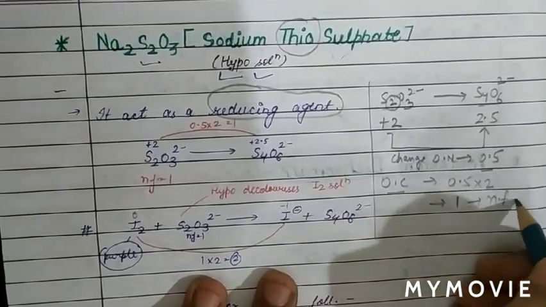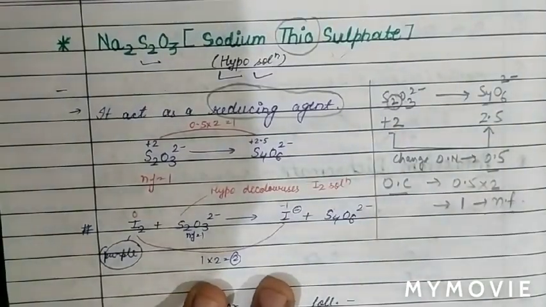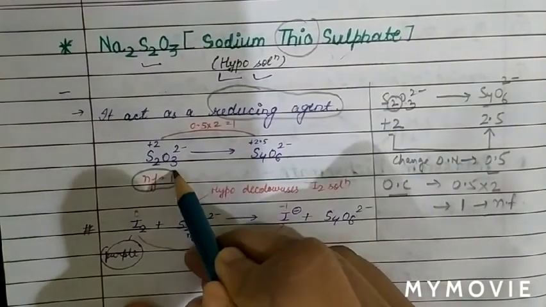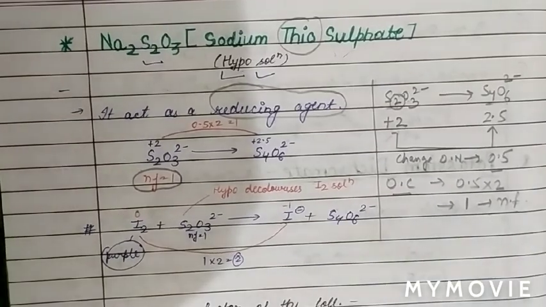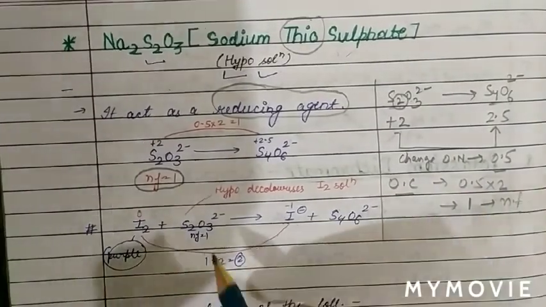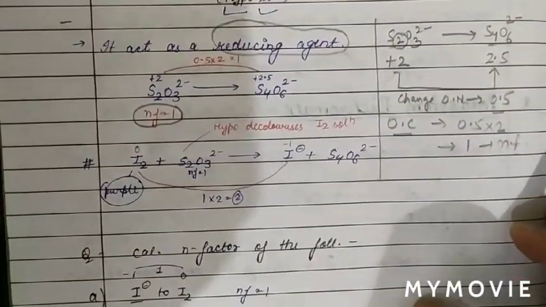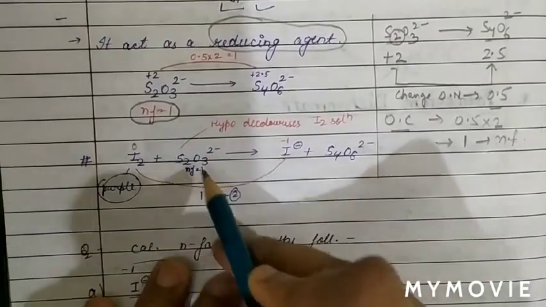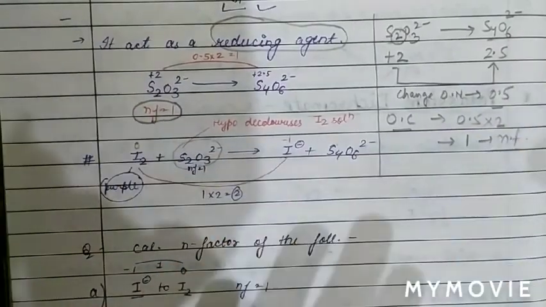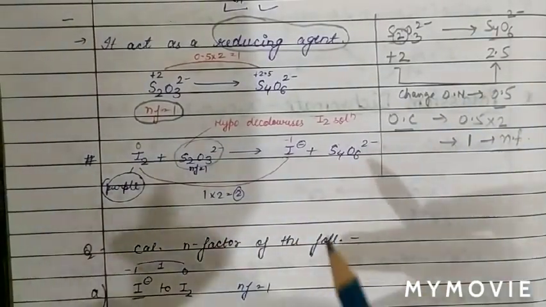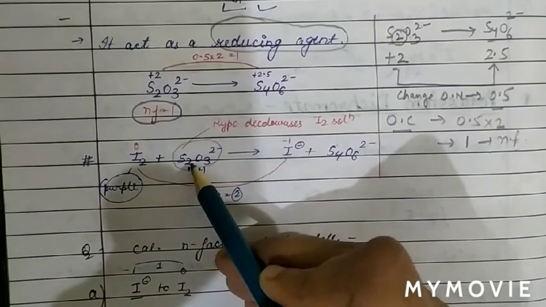As there are two atoms, therefore 0.5 into 2 equal to 1. Therefore n factor is 1. So it reduces others. So it reduces I2 into I minus. And it also decolorizes I2. So the solution of I2 is basically purple color. On reaction with hypo, purple color disappears. So hypo solution decolorizes I2 solution.